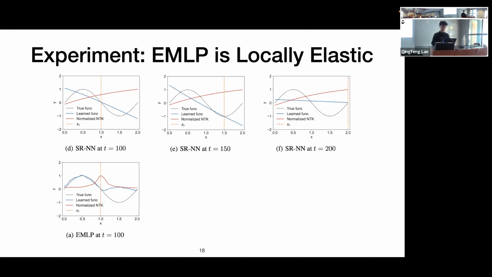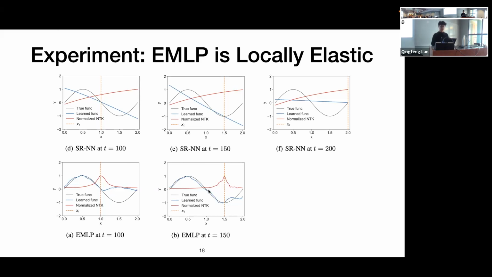And this is a demonstration. As training moves on, we can observe a similar phenomenon, that this EMLP is able to remember previous predictions. Again, the NTK is in good shape. And in the end, we achieve a good approximation of the sine function.